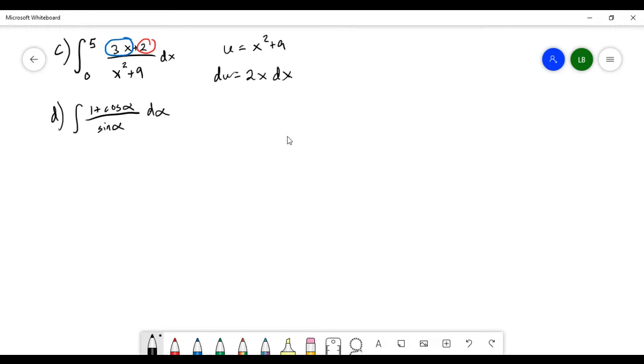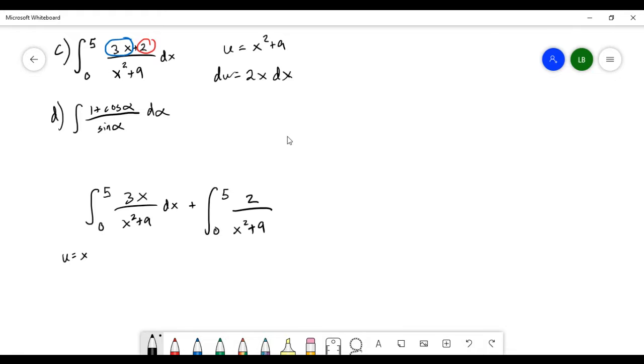But then I notice, well, x squared plus 9 would also be a good denominator for arctangent. So maybe in this case, I actually want to rewrite my integral as the sum of two integrals by splitting up over the numerator. Like so. So then, what we end up with is the integral from 0 to 5 of 3x over x squared plus 9.